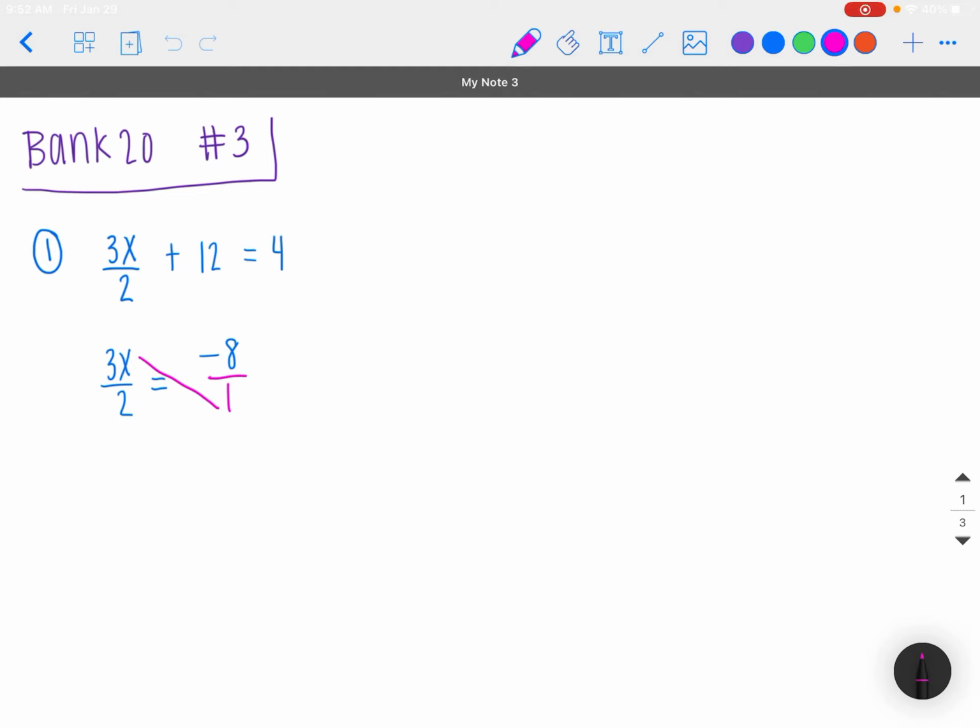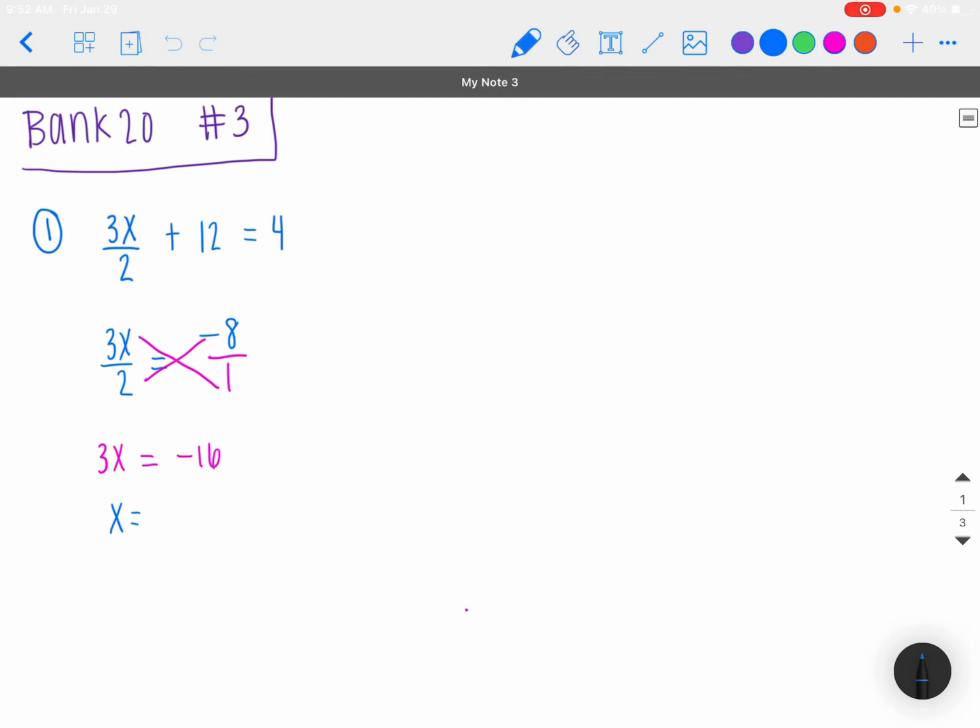So 3x times 1 is 3x, and then we say equals -8 times 2 is -16. And then if we divide both sides by 3, we get x equals -16 over 3, which is B.